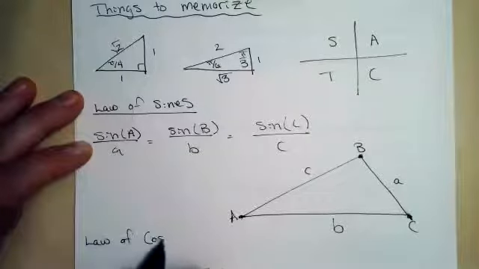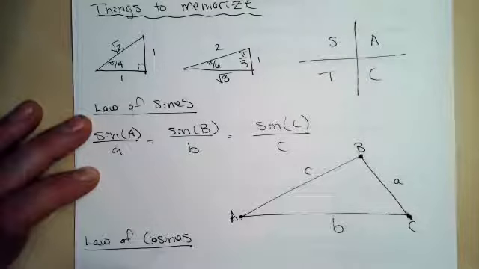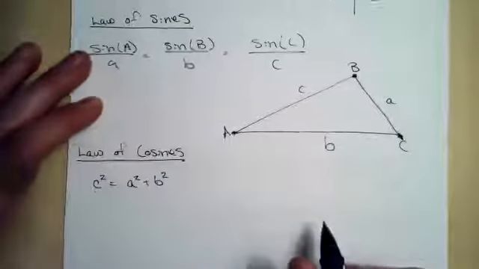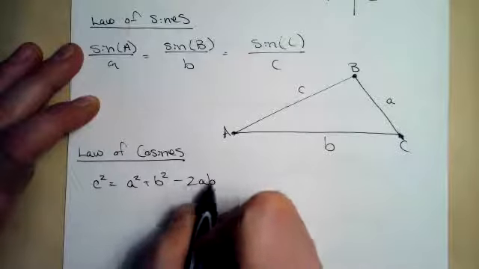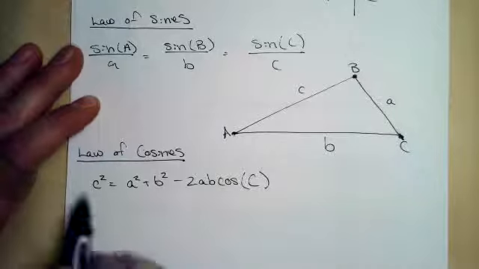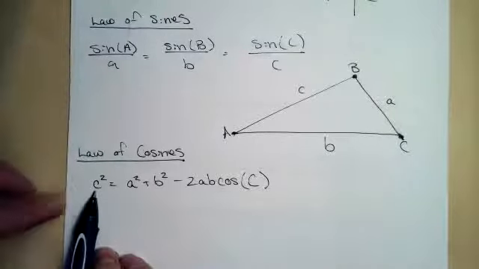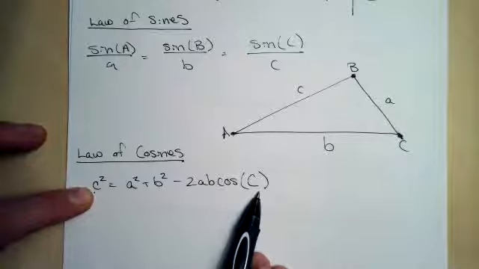Law of cosines. Remember, it's just start with the Pythagorean theorem and then minus the correction term. Where on opposite sides of the equation, we have the side and the angle.